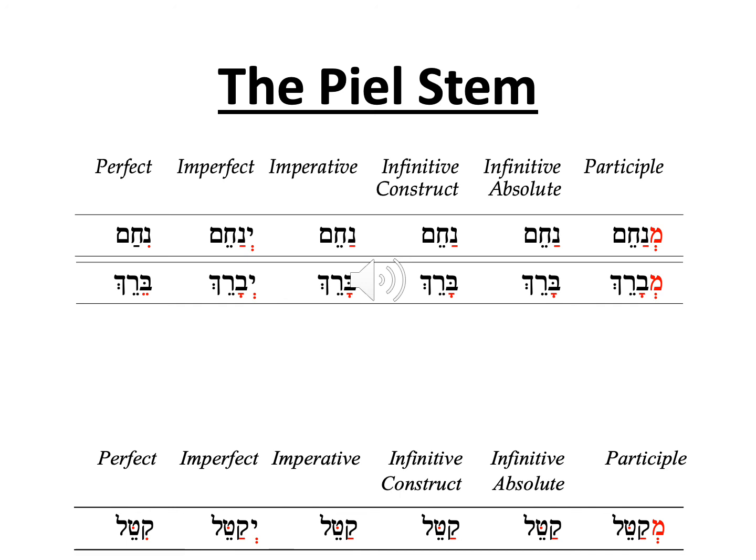Either the dagesh forte will be implicit, that is, it is assumed even though it is not written, in which case the patak will still be the giveaway that we have a Piel, or there will be a lengthening of the patak to a kametz, in which case we will have a schwa followed by a kametz in the imperfect rather than a schwa followed by a patak. However, if you stop and consider the fact that there is no dagesh because resh does not take dagesh, this should remind you that it was originally a patak. Thus, you should still be able to figure out, even with a second root letter guttural, that this is a Piel.